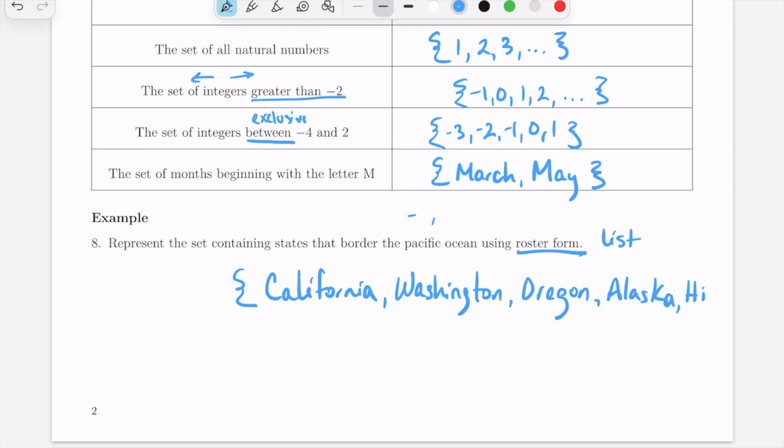I'm going to put HI because I'm really bad at spelling. So sometimes questions are a little unclear, but I think that all 5 of these states actually have part of their border touching the Pacific Ocean. So I feel pretty good about this. If this had said represent the set of states in the lower 48 states, right? Then we would have only done California, Washington, and Oregon.